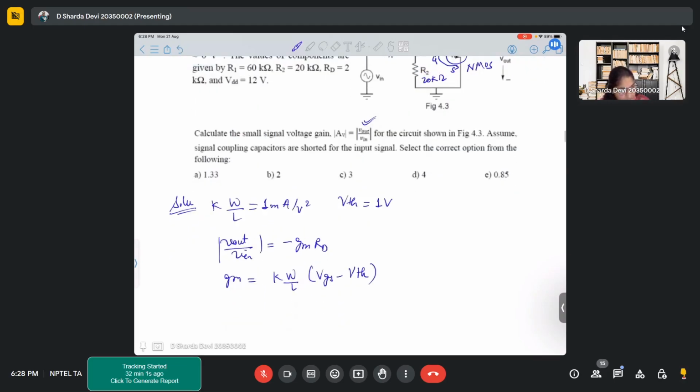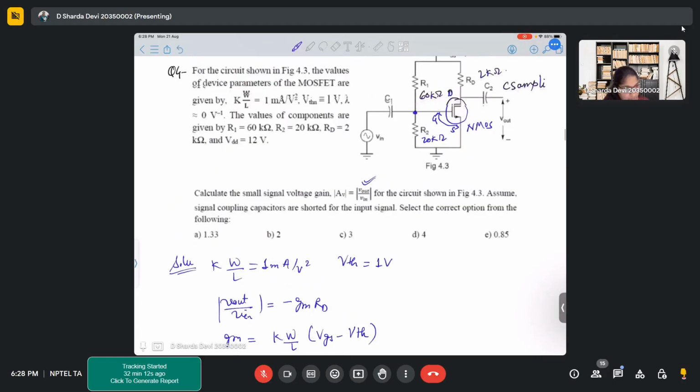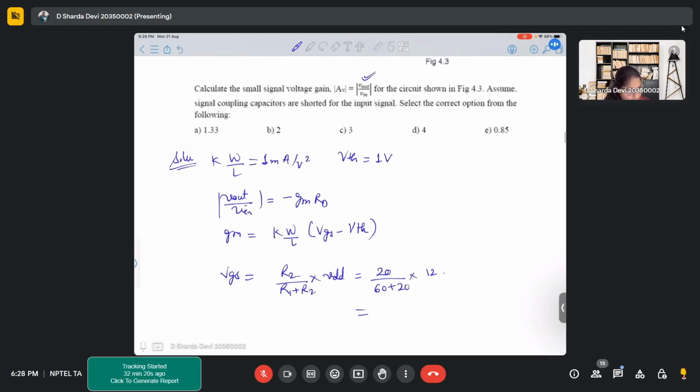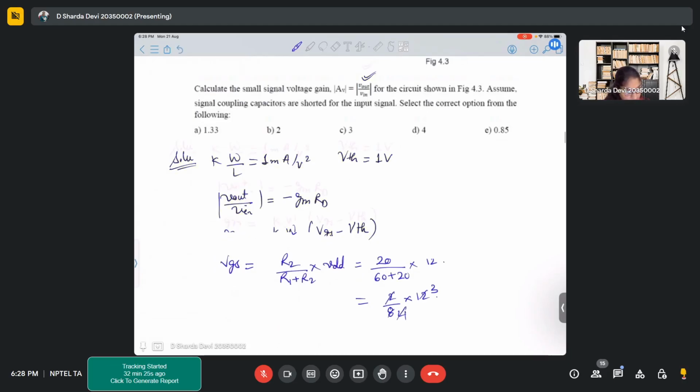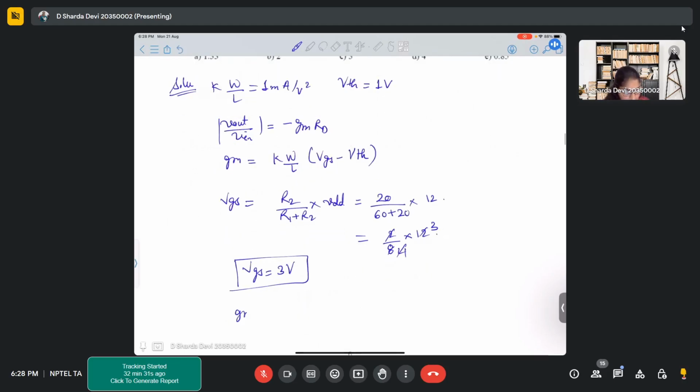So what is VGS? VGS equals R2 over R1 plus R2 into VDD. So it is 20 by 60 plus 20 into 12, which is 2 by 8 into 12, that is 3 volts. So VGS is 3 volts. Now since VGS is known, your gm is 1 milliamps per volt square into 3 minus VTH, which is 1.